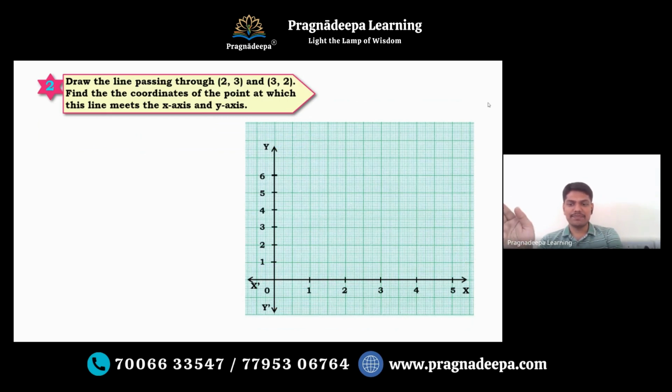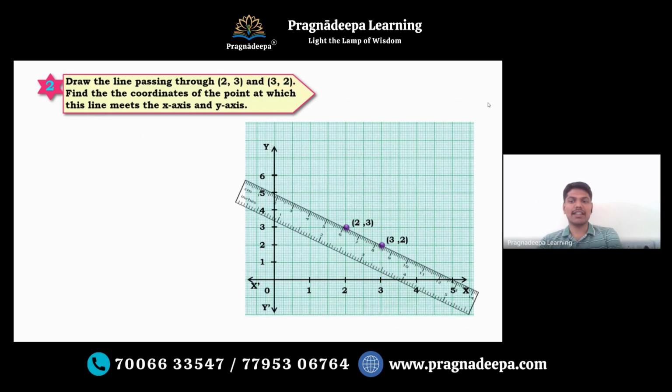But here, if you notice, I have not taken it in a uniform way, but you can take it in a uniform way. That's no choice that you have to take it in this way. Even you can write 1, 2, 3, 4, 5, 6 on the x-axis, 1, 2, 3, 4, 5, 6 on the y-axis also. Mark the point 2, 3. So 2 on the x-axis and 3 on the y-axis, and the corresponding point is here, correct? Yes, sir. And 3, 2 is like this.